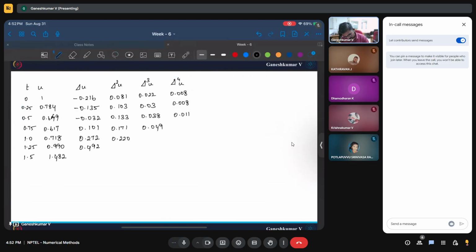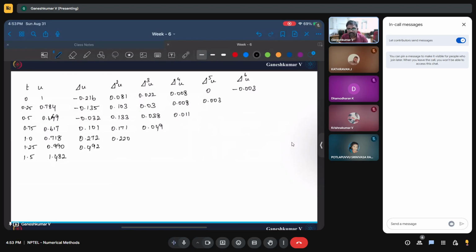Del 5u, this is 0, this is 0.003. Del 6u, this is minus 0.003. Okay, this is your forward difference table.